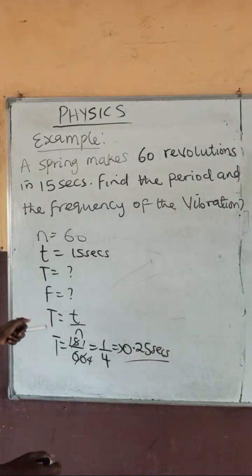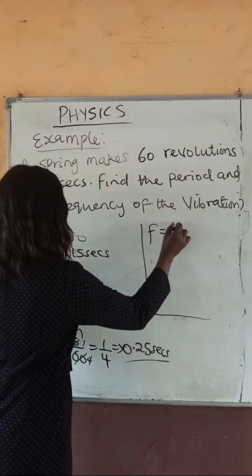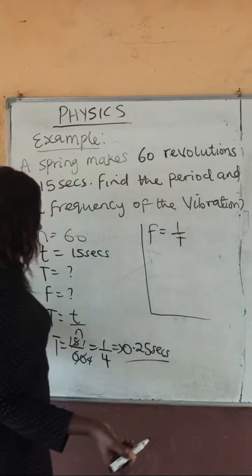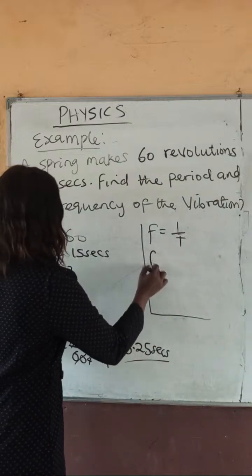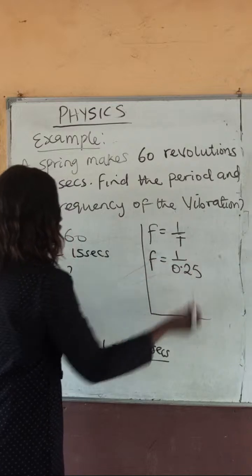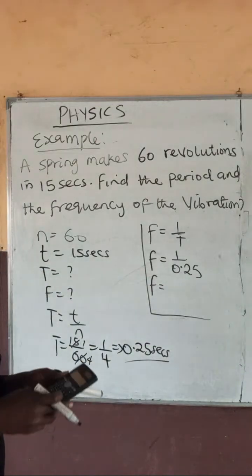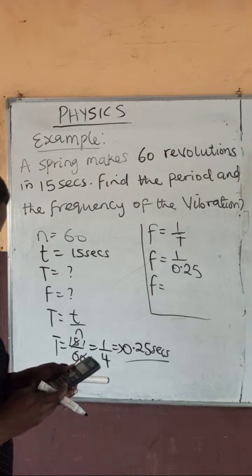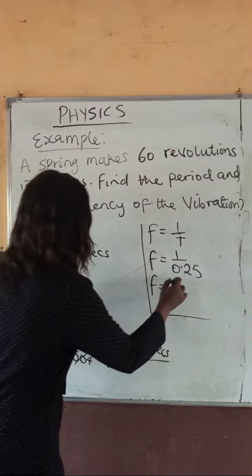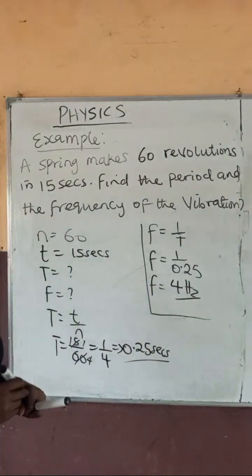Now, for me to get the frequency, f is equal to 1 over period. So f is equal to 1 over 0.25. Then I divide, and my answer is going to give me 4 Hz.